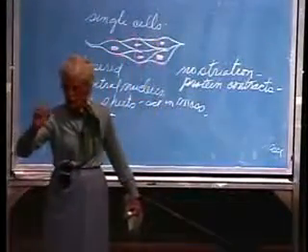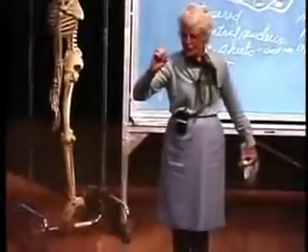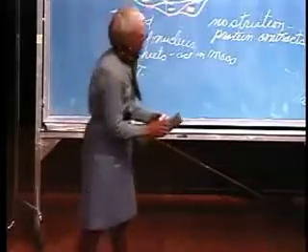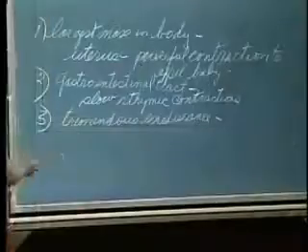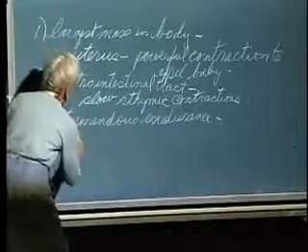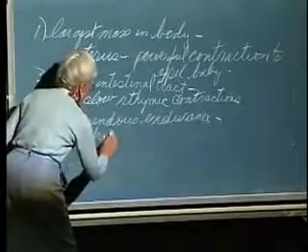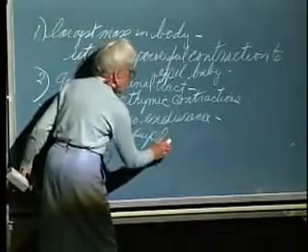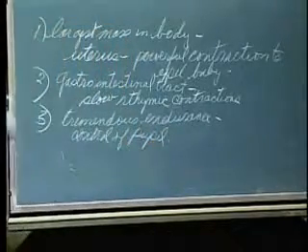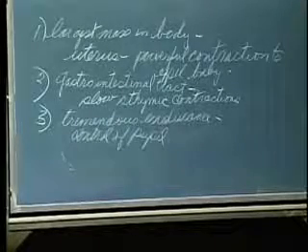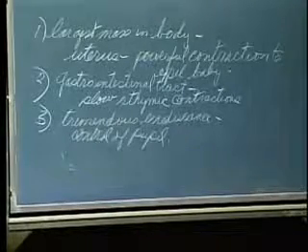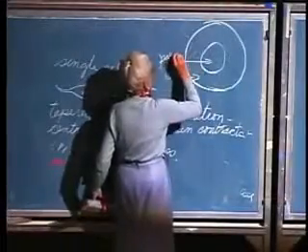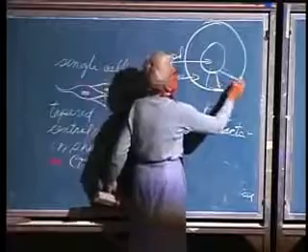Every time you look at your paper, it's expanding. You look away, it contracts, and so forth. Constantly. So this is the iris, this is the pupil, and you'll have radial muscles like this.